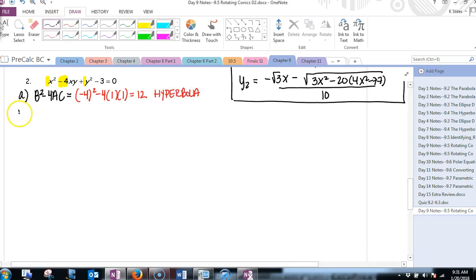Okay, part B, we are going to determine the appropriate rotation formulas to use. So I will use my cotangent of 2 theta equals a minus c over b, which is 1 minus 1 over negative 4, which is just 0.